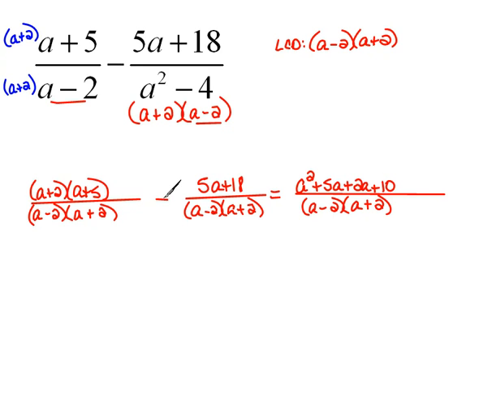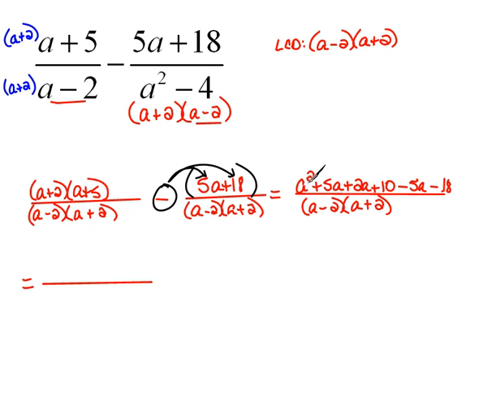Now, I'm going to subtract off this entire binomial, which means we have to distribute that negative sign. So we have to do minus 5a and then minus 18. Now, we can go ahead and start collecting our like terms in the numerator and see if anything will cancel, hopefully.